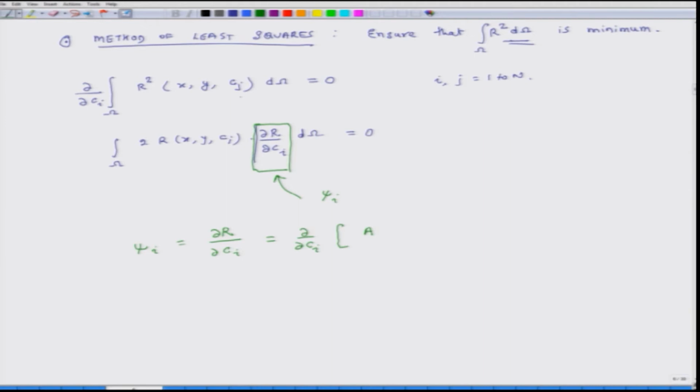This is a function of the sum of Cj phi j plus phi naught, which is my definition of u, and then there is also some forcing term minus f.